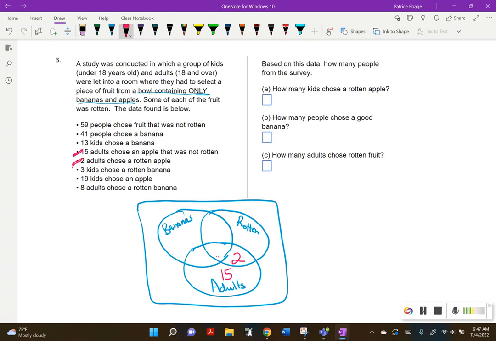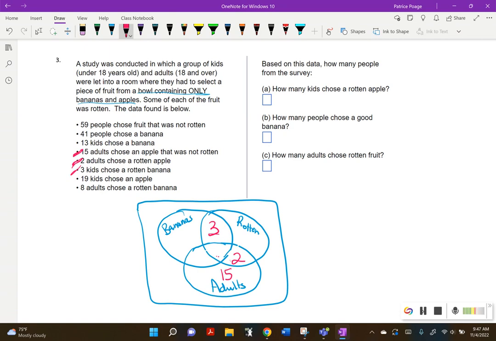3 kids. So we know they're not in the adult circle. So we're talking one of these 4 spots. Kids. Chose a rotten. So we know it's not these 2 spots because they're in the rotten circle and they're kids. Banana. So it's got to be this one right here. 3. 19 kids chose an apple.